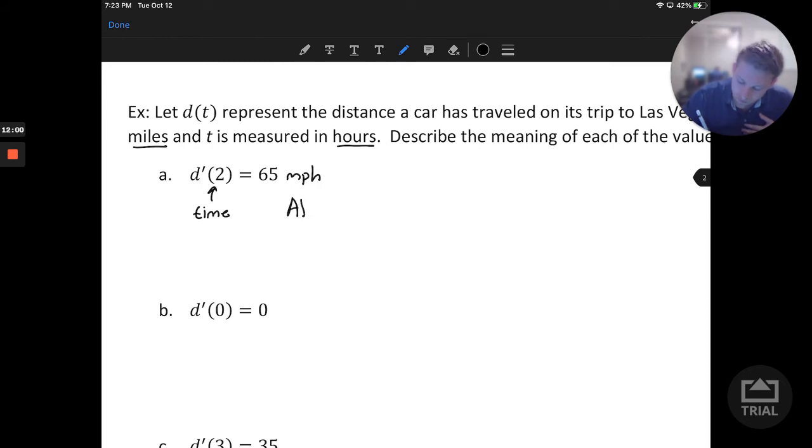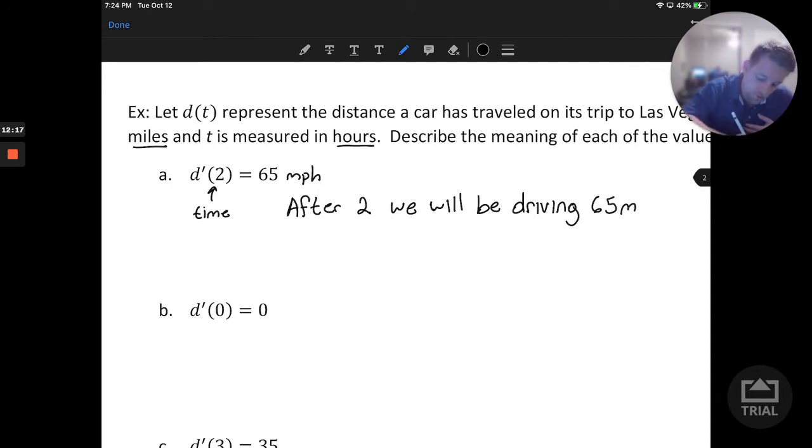After 2 hours, or we can say at 2 hours into the trip, we will be driving 65 miles per hour.